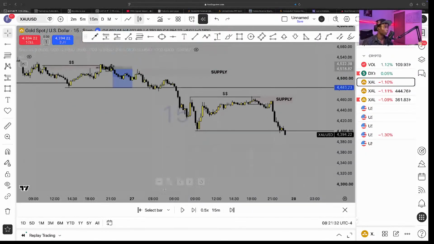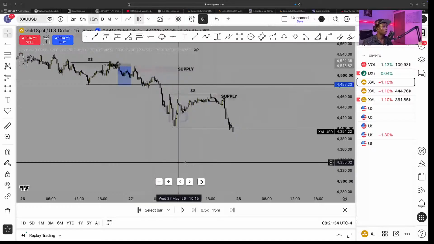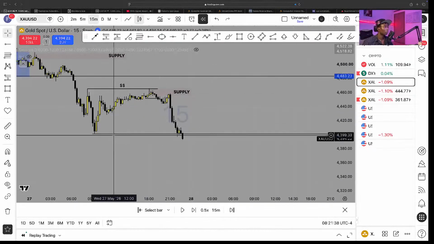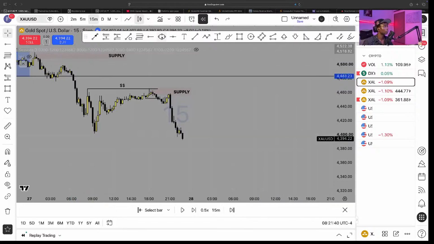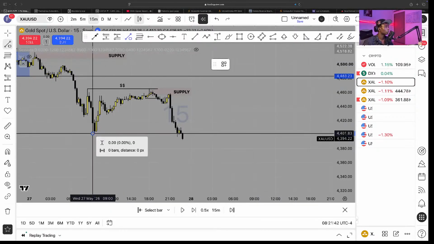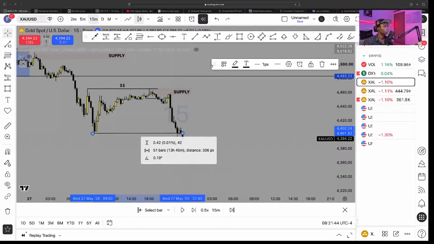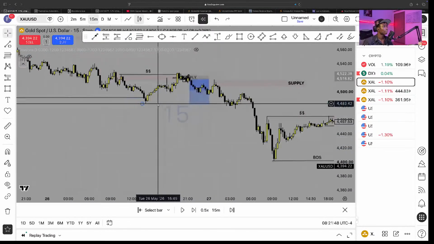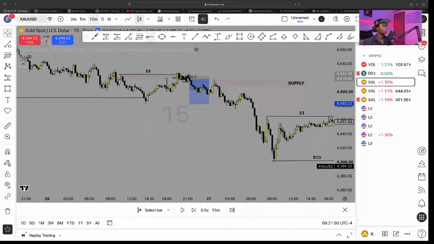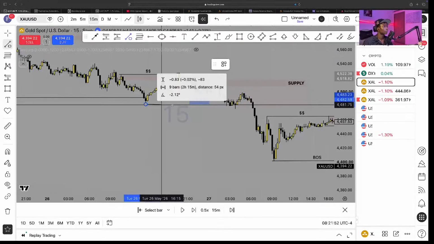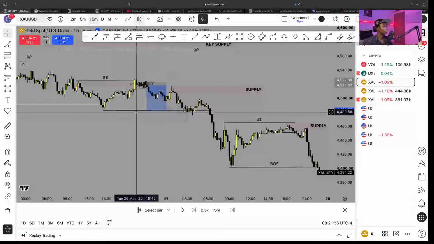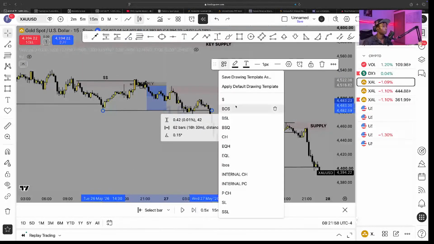You don't need to go against the trend. So let me just identify one more supply, then we're gonna talk about the demand. I'm just gonna label this the POS. So this is the POS.